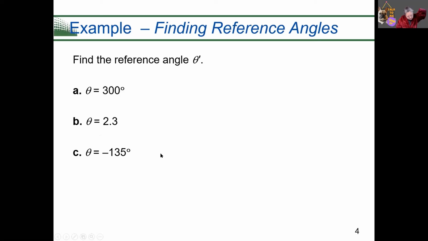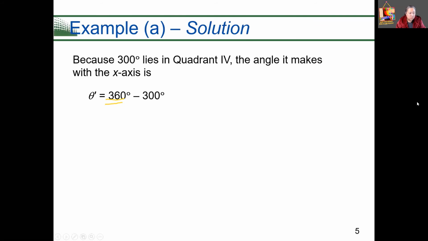If the original angle that you're given is 300, first you have to see which quadrant that original angle of 300 degrees is placed in. Let's draw our diagram really quickly.